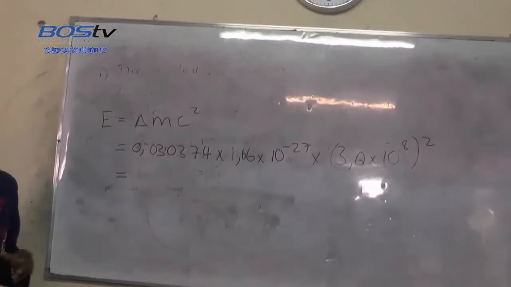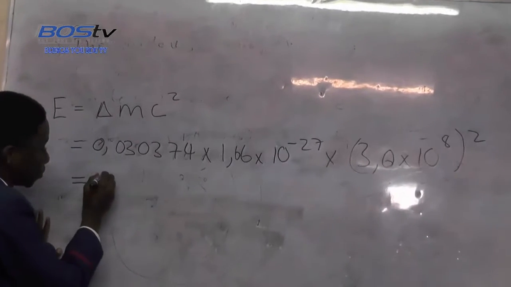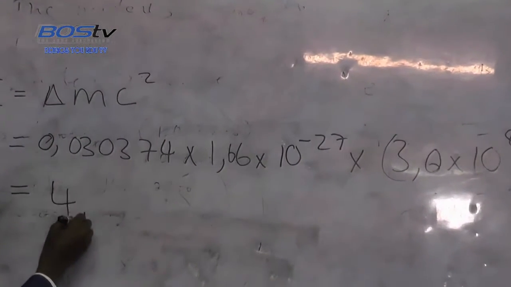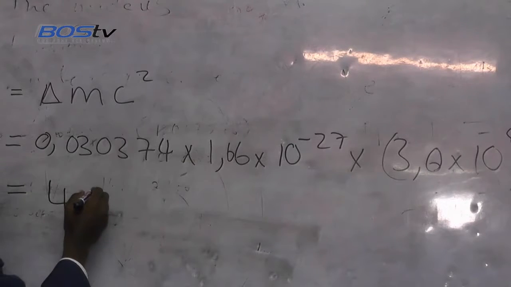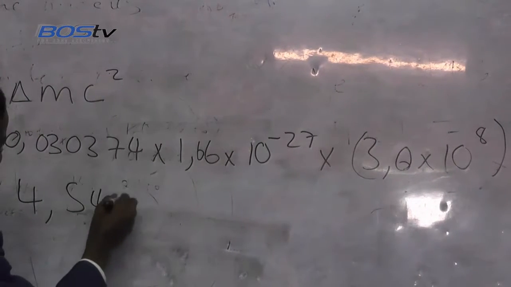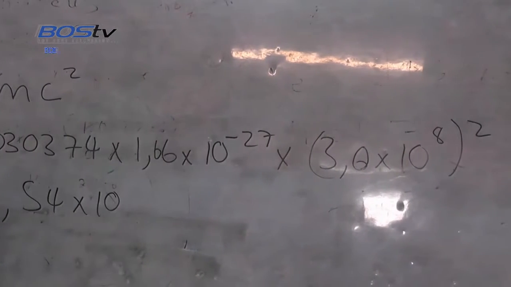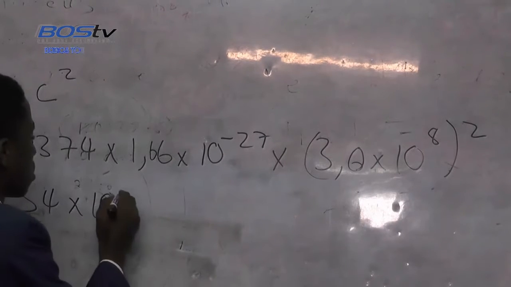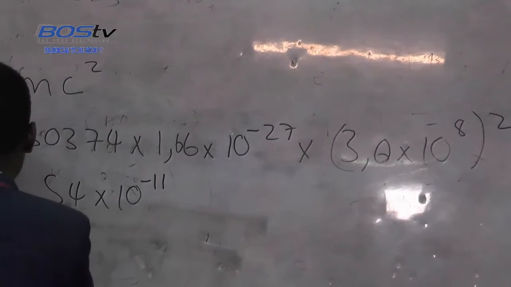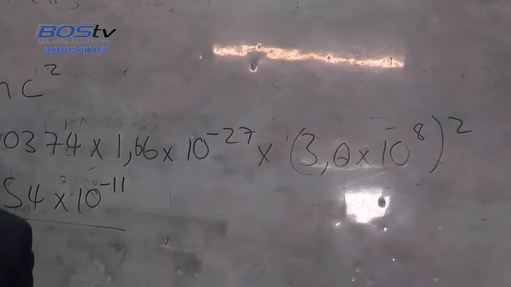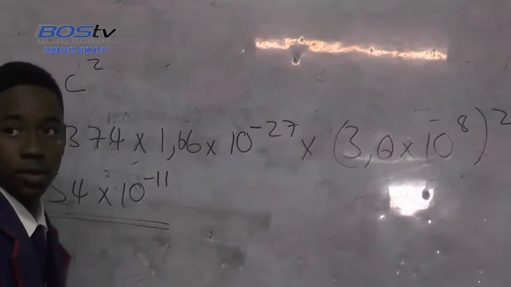You get 4.54 times 10 to the negative 11 joules.